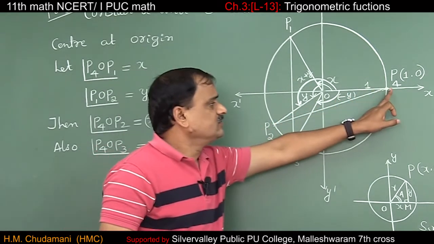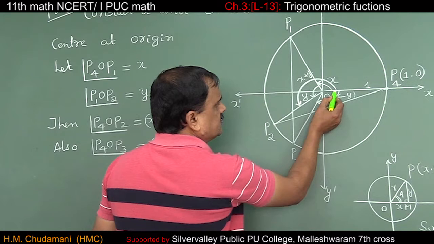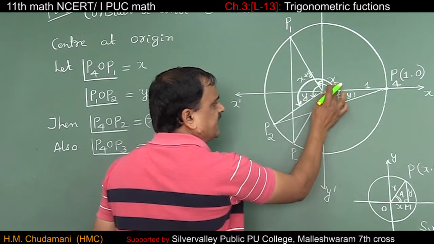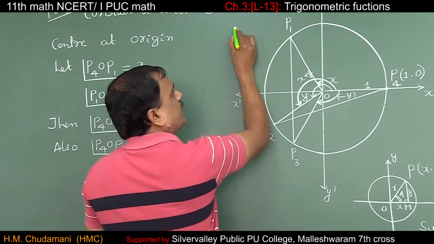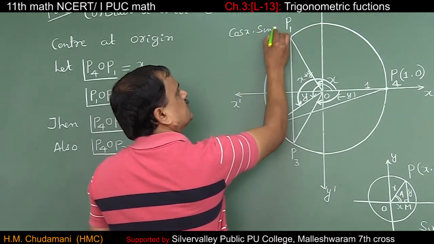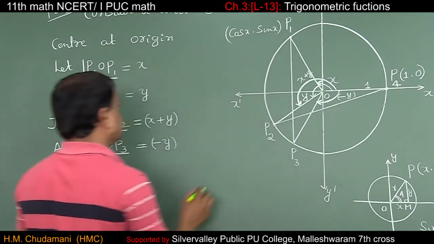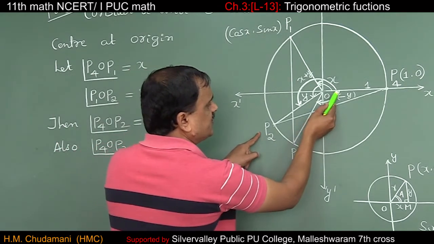So clearly, observe the point P1. Here this makes an angle x, so the coordinates of the point should be cos x comma sin x. And the point P2, observe the point P2.